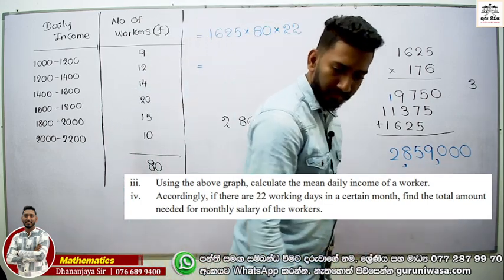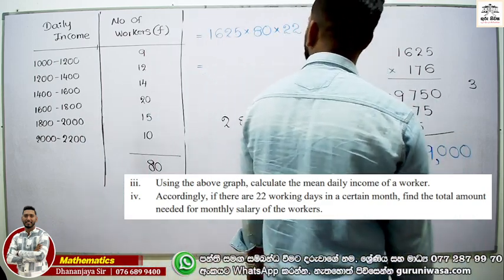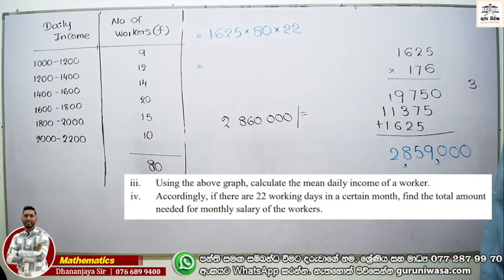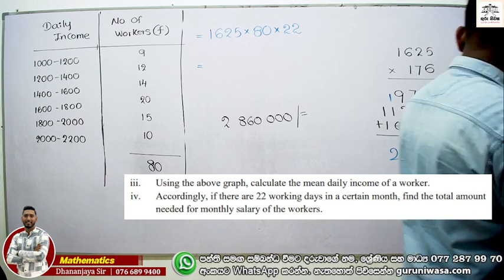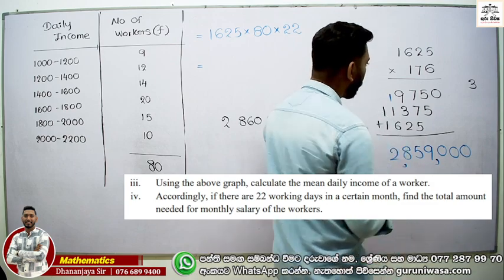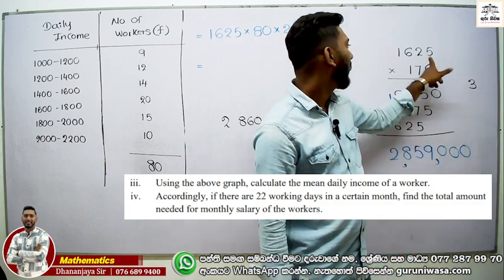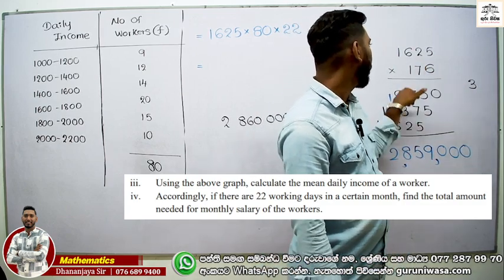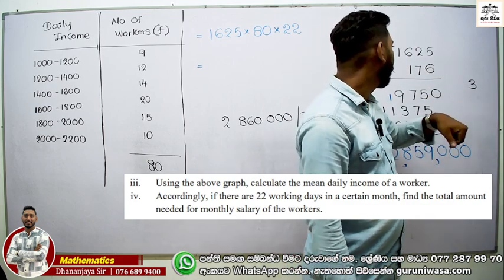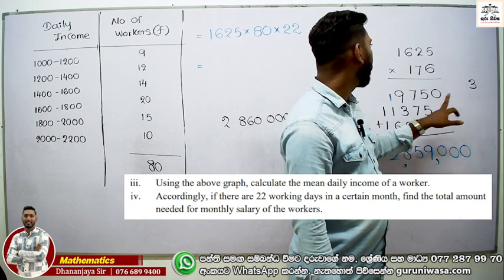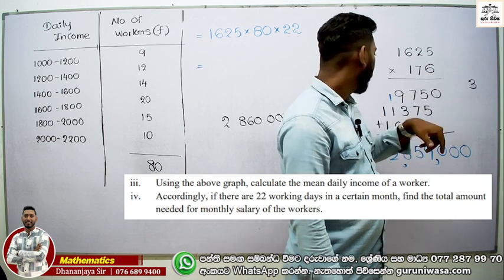Is this the answer? Yeah, 286. Because 6 times 5 is 30, 3 remainder, 12, 15, 1 remainder, 37, 3 remainder, and 9. 7 times 5, 35, 3 remainder, and 7 times 2, 14, 17, 1 remainder, 42, 43, 4 remainder, and 1.